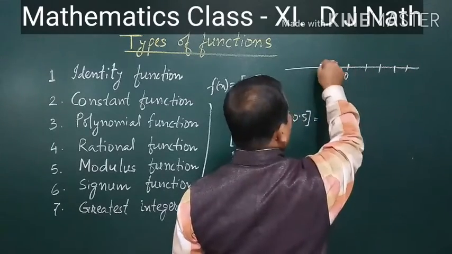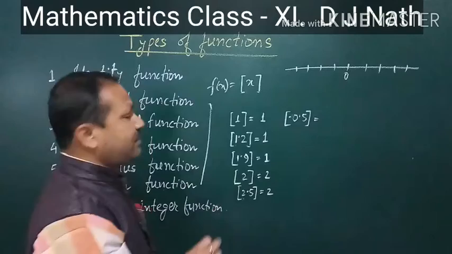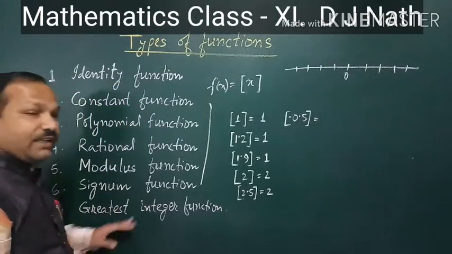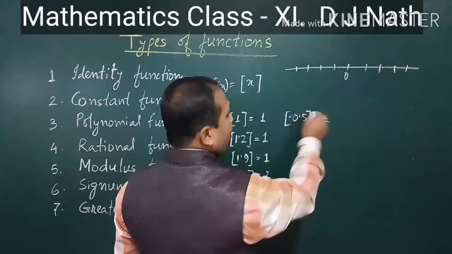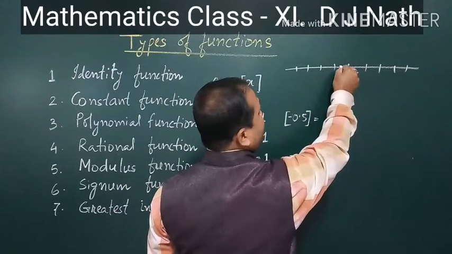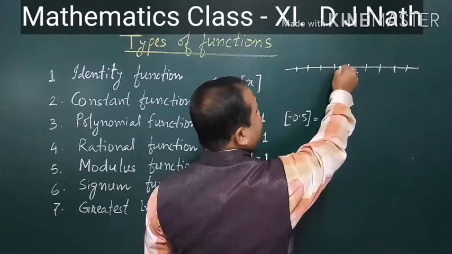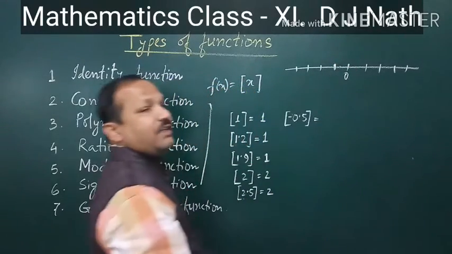All these results are integers. It is the greatest integer less than or equal to the number. So for minus 0.5, which is less than 0, it is at this point, and the integer will be minus 1.